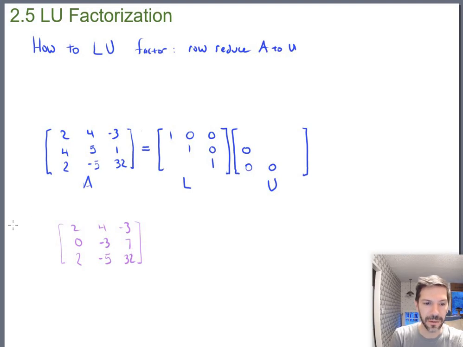And let me point out, so this is sort of a pre-U. It's not done yet. Let me point out that I can also build this corresponding pre-L.